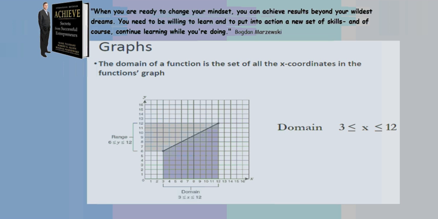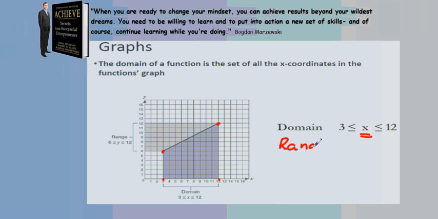When you use graphs, you will be asked to define the domain and the range. The domain represents the x values. So 3 is the first value and 12 is the last value. First 3 from the x-axis all the way up to 12 is where the line segment is located. This is why x is contained between positive 3, including 3, and positive 12.